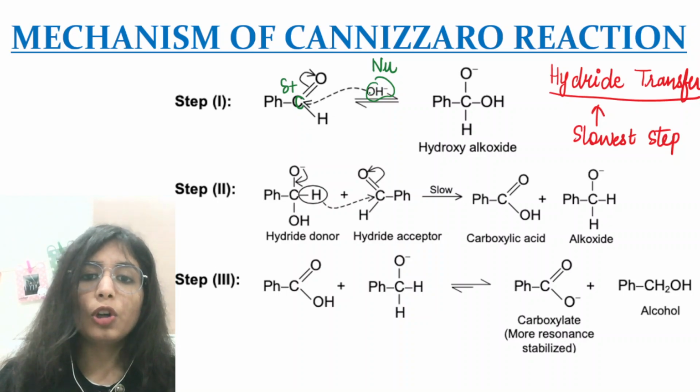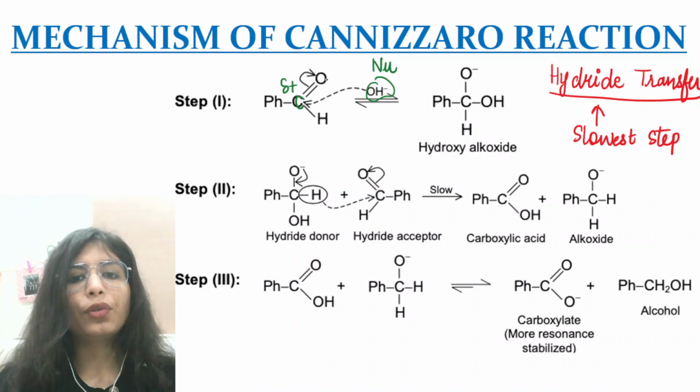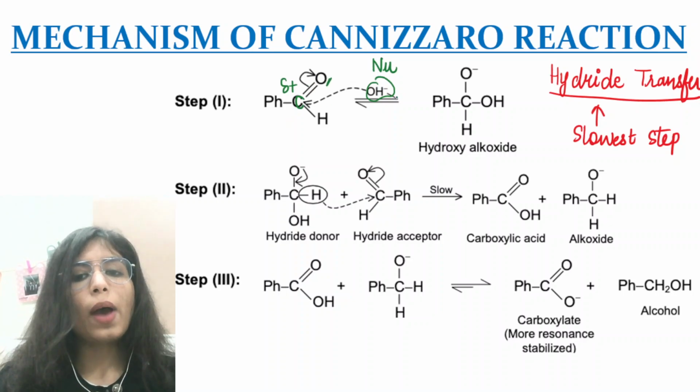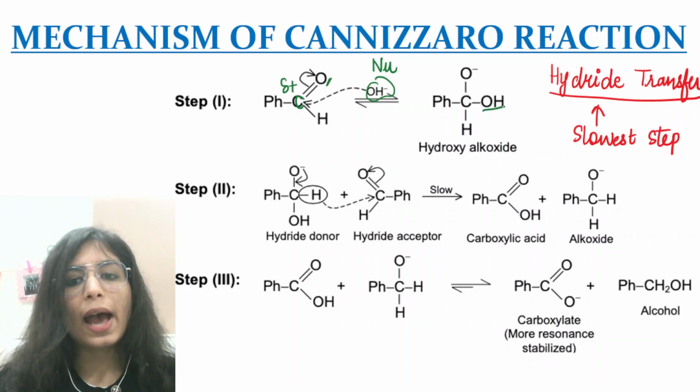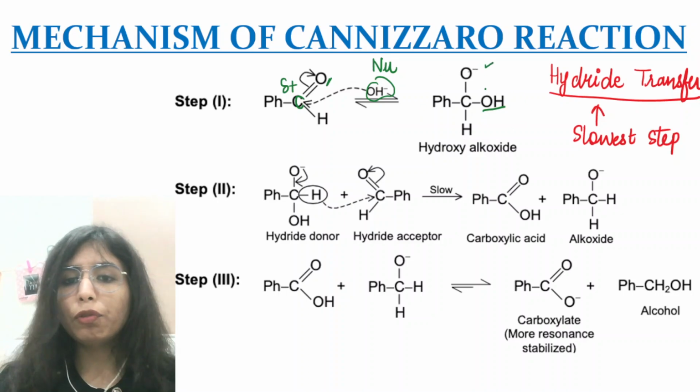So this nucleophile will attack this partially positive carbonyl carbon, and the electron density will shift towards the more electronegative atom, that is oxygen in this case. So what is going to happen? This OH will get attached to this carbonyl carbon, electron density will shift towards this oxygen, and this kind of hydroxy alkoxide would be formed.